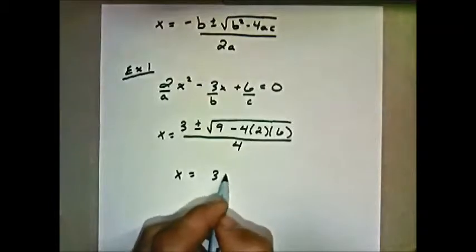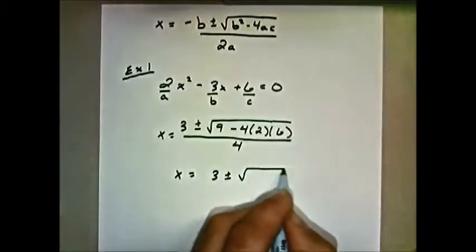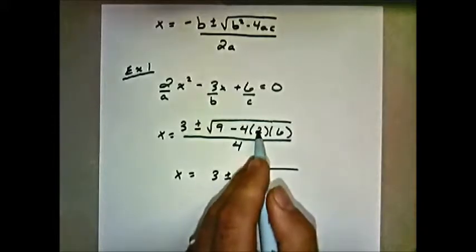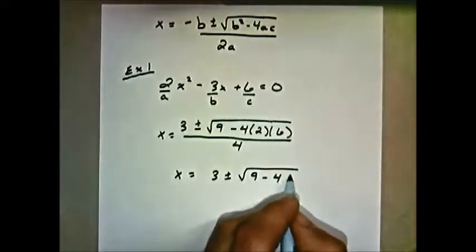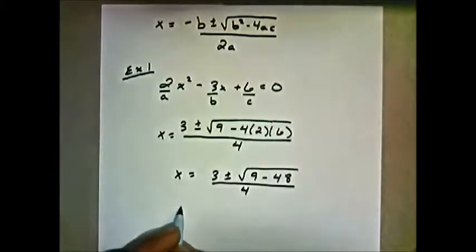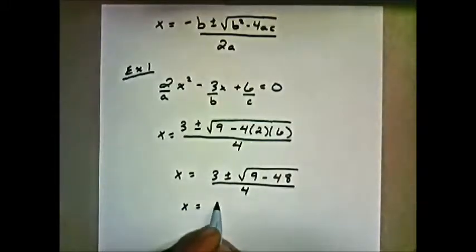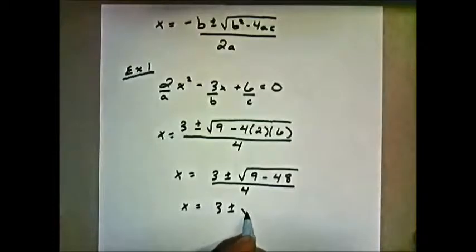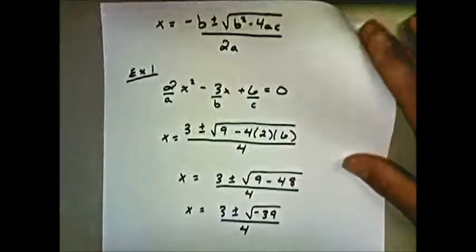X equals 3 plus or minus the square root of 9 minus 4 times 2 is 8 times 6 is 48, all over 4. Simplifying even more, inside the radical, 9 minus 48 is negative 39 divided by 4.